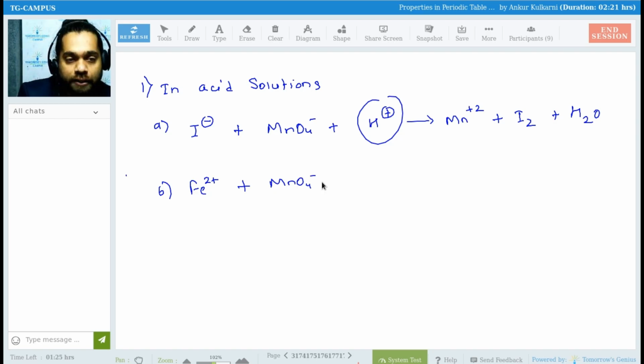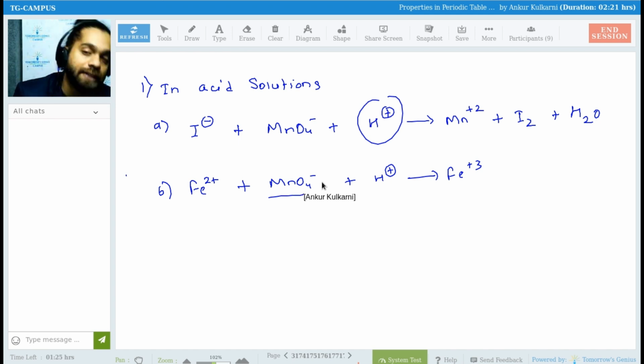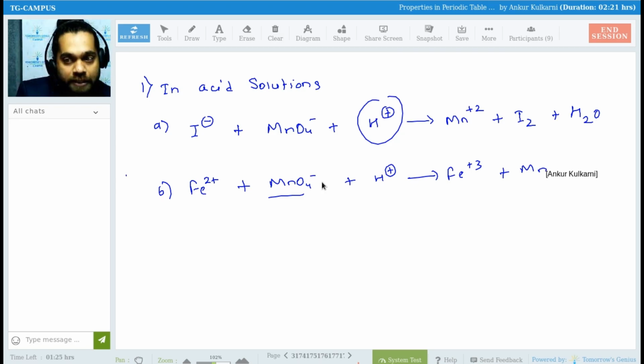Not that difficult. Fe plus 2 will go into Fe plus 3 no matter what. So Fe plus 2 will go into Fe plus 3, MnO4 minus again goes to Mn2 plus, and your H plus will give you H2O.